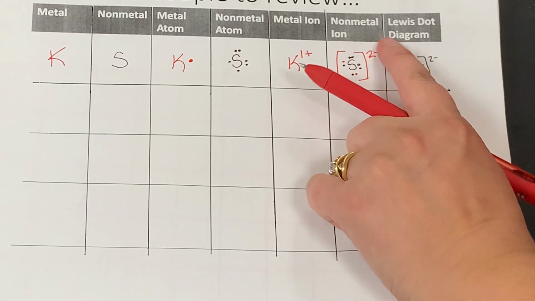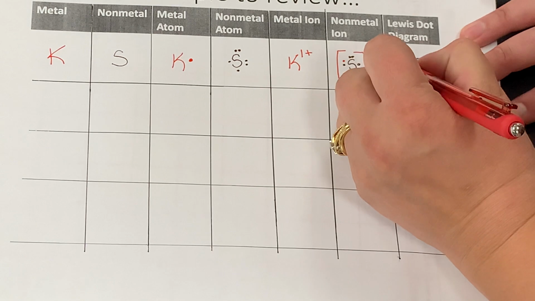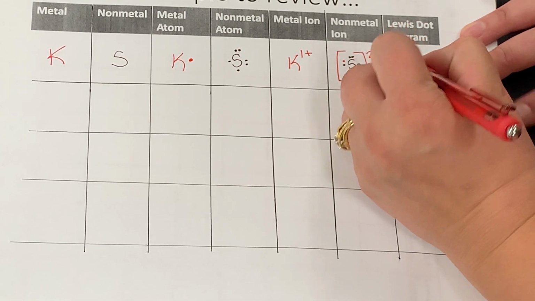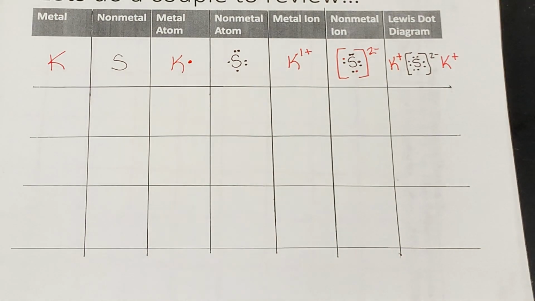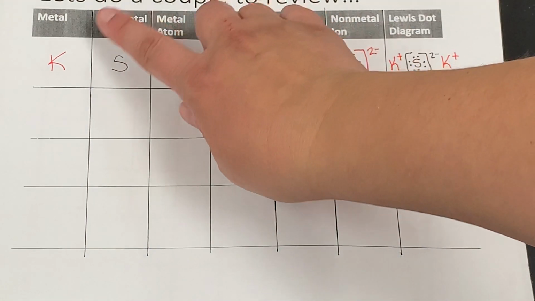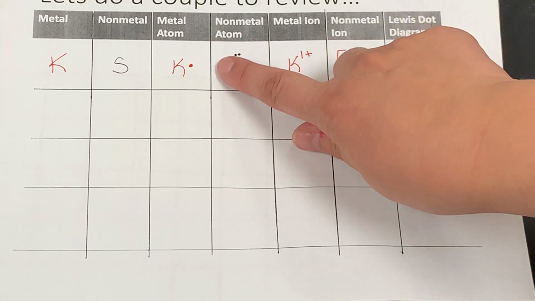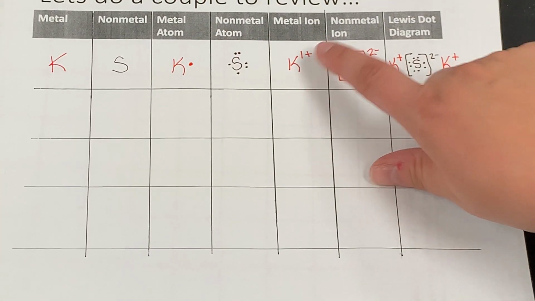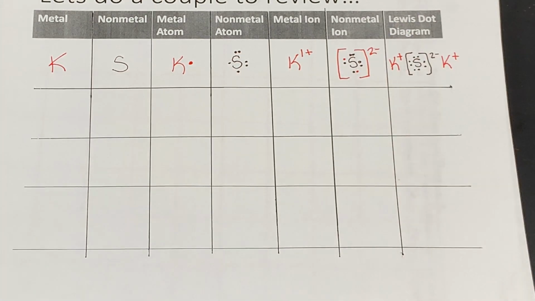Sulfur has a charge of 2 minus, which means that we need 2 potassium ions. So on either side of my sulfur, I'm going to put potassium 1 plus ions. And there's my Lewis dot diagram for the compound. So we're starting with the elements, the atoms with their valence electrons, the ions where they've either lost or gained electrons to get to where they need to be, and then the compound as a whole.